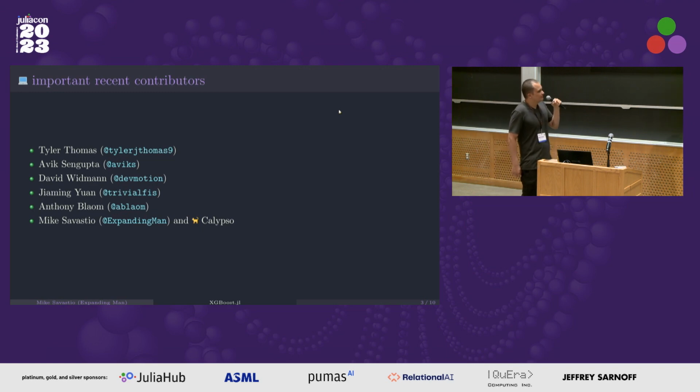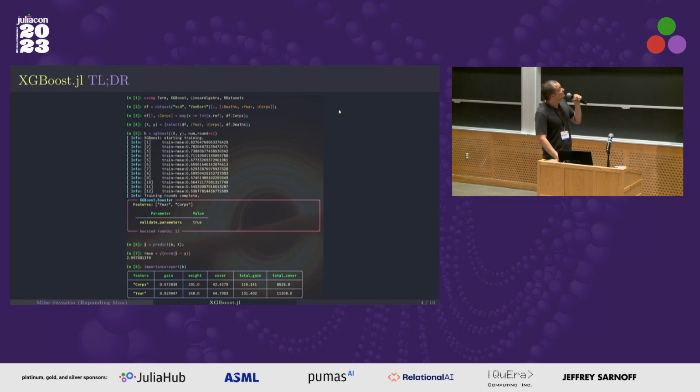David Widman did the CUDA and Term lazily loaded extensions in 1.9, and others have provided a lot of helpful commentary for things to get merged. Jiaming Yuan is from the main XGBoost repository, so it's been nice to hear from them.